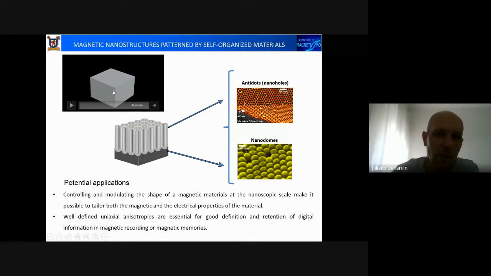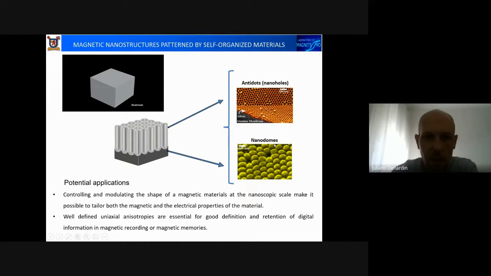We take a piece of aluminum, we make the anodization with acid in a controlled way, and on one side of the aluminum, we have an alumina membrane that on one side has ordered holes. On the other side we have ordered nanodomes.